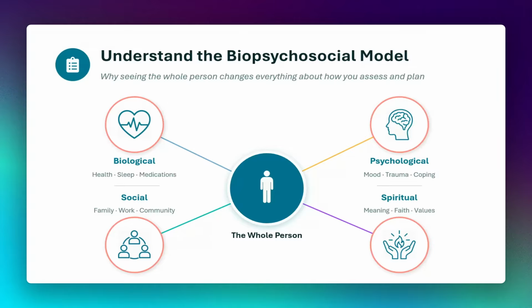An assessment that only captures 1 or 2 of these dimensions produces an incomplete picture, but having the full picture helps support a more effective treatment plan and ultimately better client outcomes.